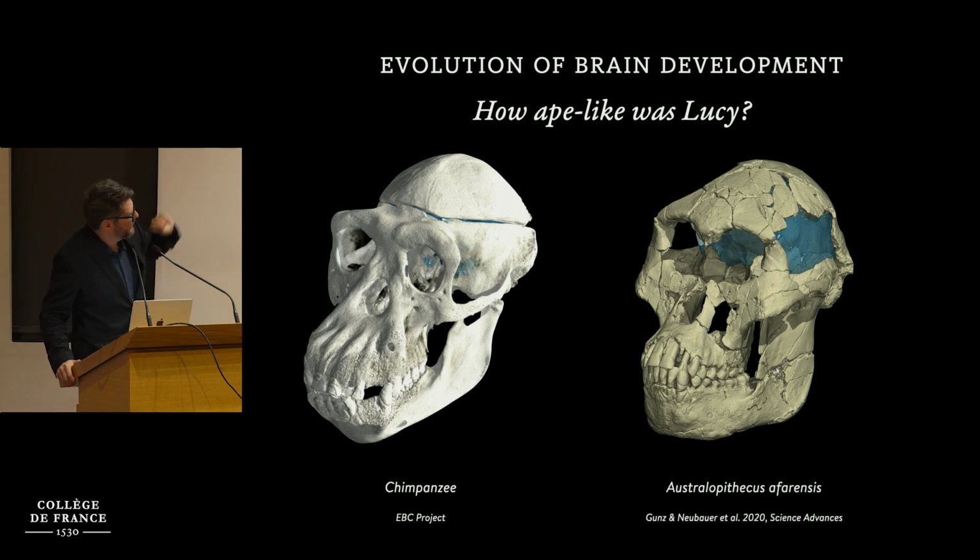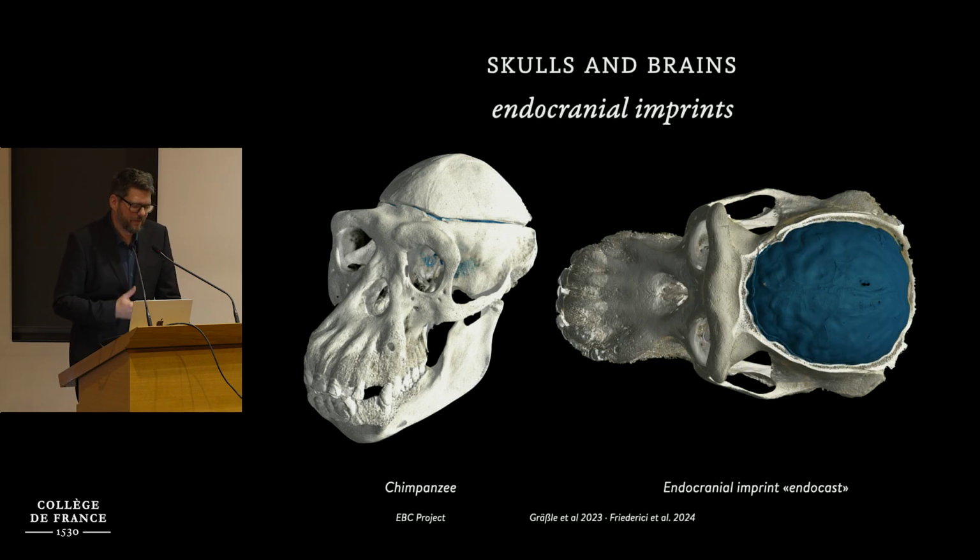And the reason why the chimpanzee has a cut here is because this is part of an ongoing collaborative project where we study not just the skull, but also study the brain of the same animals. And these are from zoo populations and from populations in the wild.